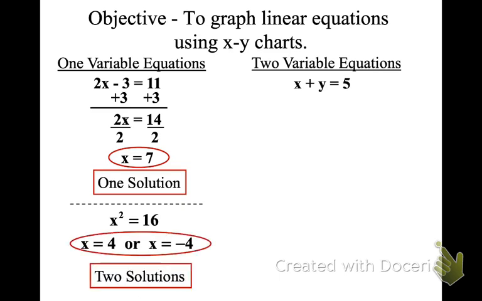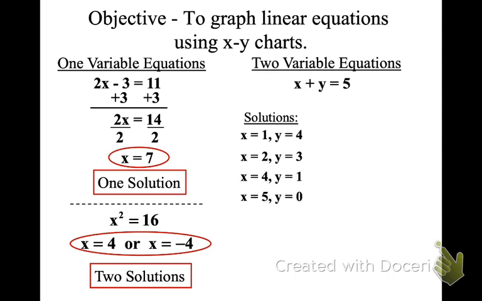When you have 2 variables, when x is 1, what is y? When x is 1, what is y? 4. When x is 2, what is y? 3. When x is 4, y is 1, right? What about when x is 5? 5 plus 0 is 5. What about when x is 7? What about when x is 8? What about when x is 20? Negative 15.